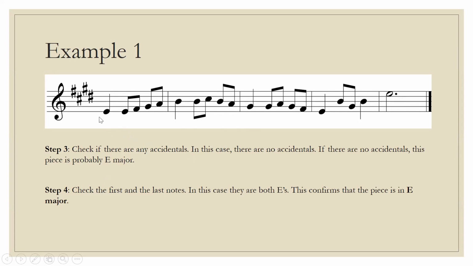The first note is an E, and the last note is also an E. So that is telling us very strongly that the key signature and all of the evidence is pointing towards E major rather than C sharp minor. Okay, remember there were 2 options with 4 sharps, E major or C sharp minor. But all the evidence, no accidentals, and the first note and the last note are E, are pointing towards this being E major.